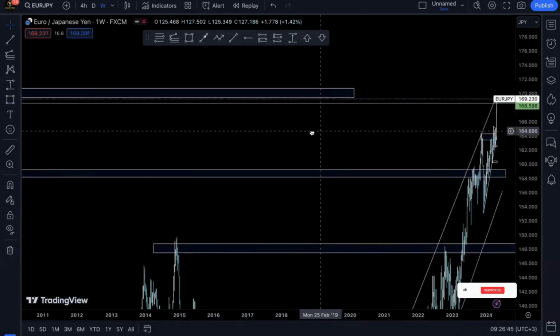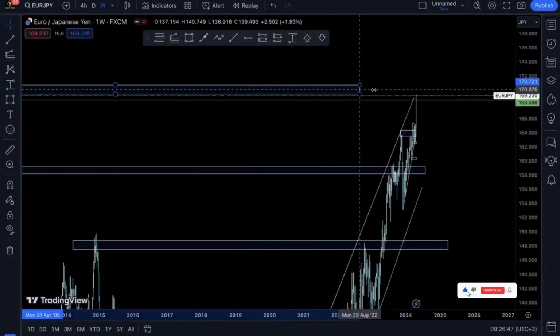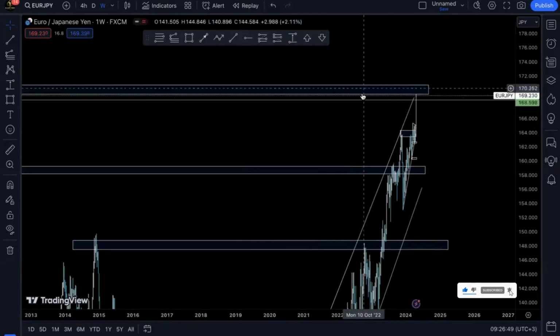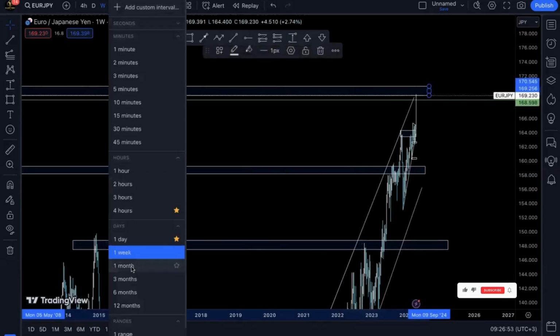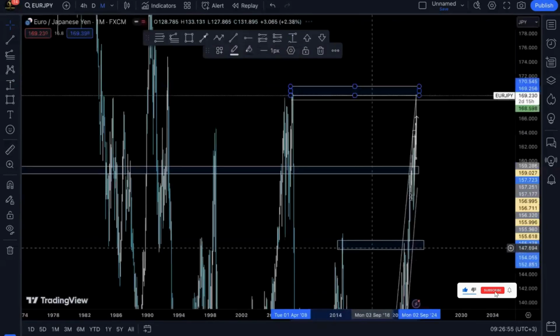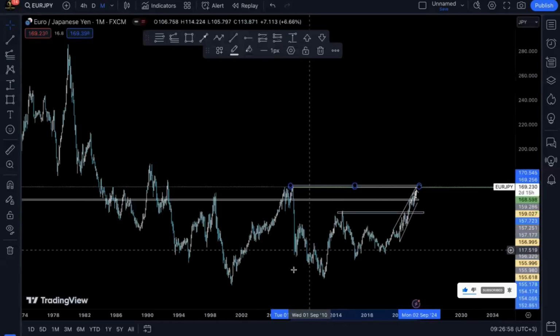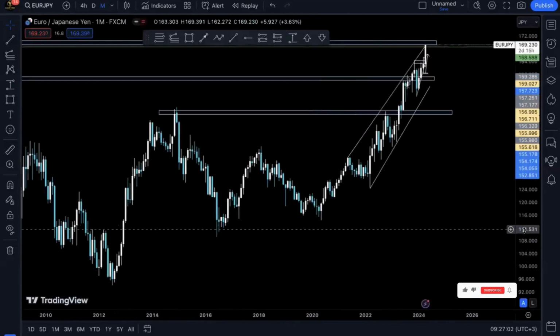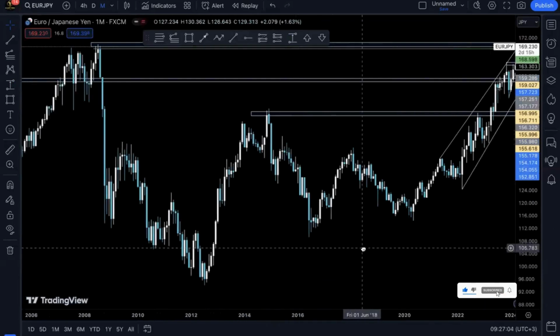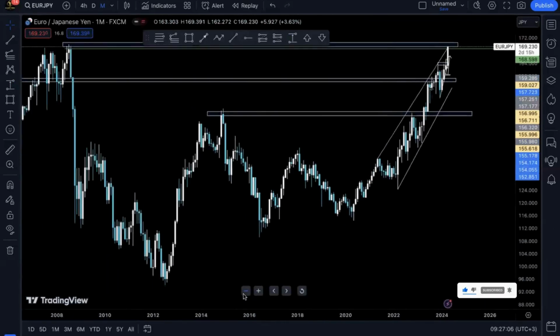So prices are able to break them, obviously, because prices can do whatever. But mind you, these are very strong structures. It will take a very strong momentum for these structures to be broken. So my view is that prices might retrace a bit before actually breaking these structures.